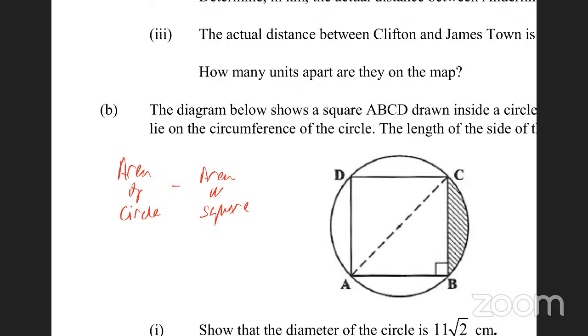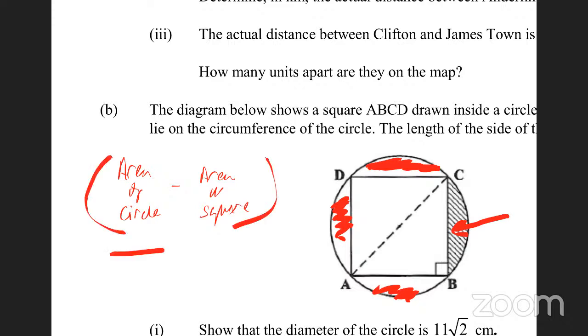If you minus the circle and the square, you'll be left with all of this here, right? And what does the question ask you for? The question asks you for the area of here alone. So all we have to do is take this answer and divide it by 4.